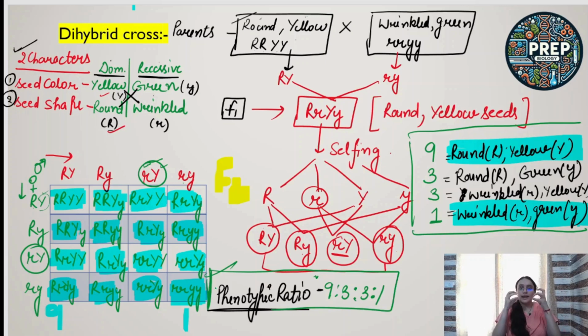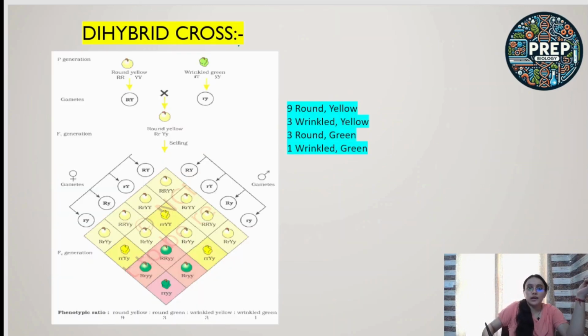Okay, so practice, take different characters and practice this dihybrid cross. The method of doing dihybrid cross is this only. By this easy method you can do the dihybrid cross. The phenotypic ratio is 9 ratio 3 ratio 3 ratio 1. 9 is full dominant and 1 is full recessive.